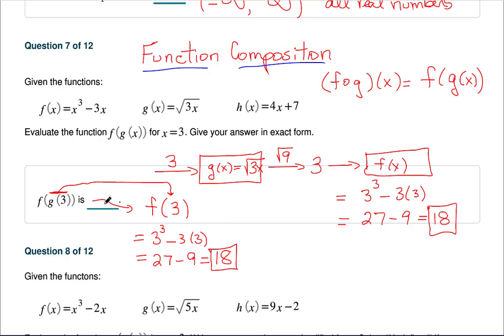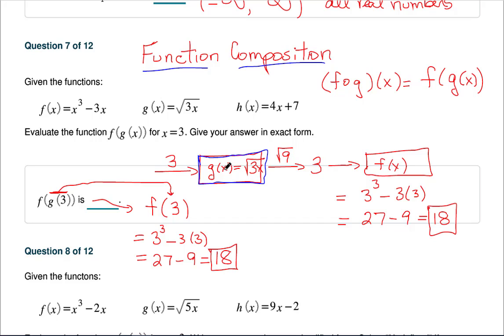Think of it this way. The 3 is on the inside. So 3 is sitting here. It's going to go into g. Well, g is square root 3 times x. So 3 times 3 is 9. Square root of 9 is 3.